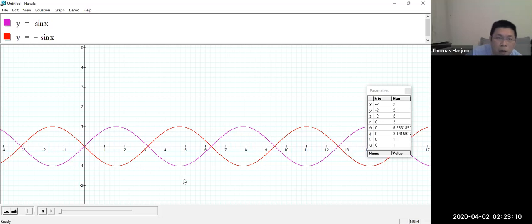So the part above, the sine graph, the purple one, you reflect that. So the one above becomes the one below. You reflect it. The further it goes up, when you reflect it, it goes down. So instead of going this way, when you reflect it, it goes this way. You see what I mean?